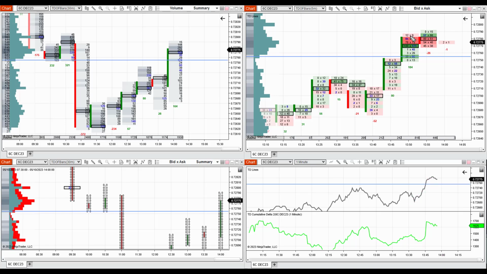Also, what I'd like to see would be, after the accumulation, sharp rejection of higher prices. Aggressive sellers pushing the price quickly downwards. Not this, okay? This is not too good because this doesn't really look like aggressive sellers.